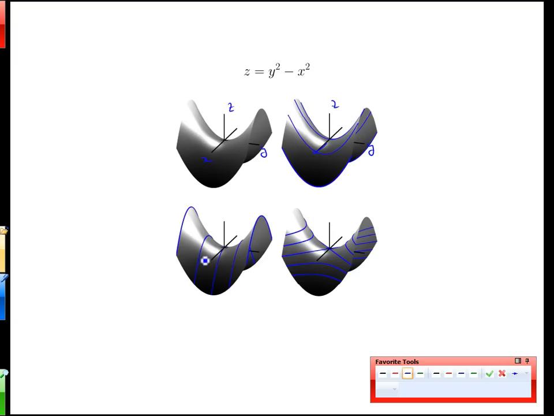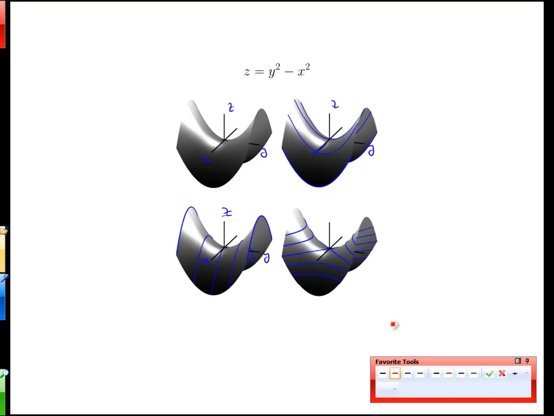In the xz direction, we had downward parabolas that went up as we moved in or out in the y direction. The z slices are a little less intuitive, so I'll leave those as an exercise.